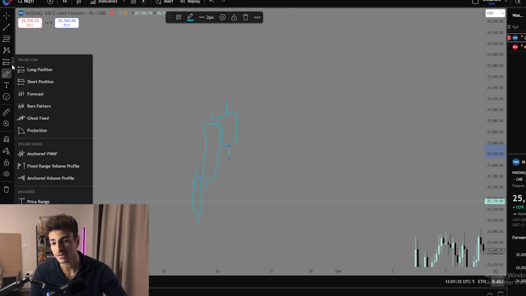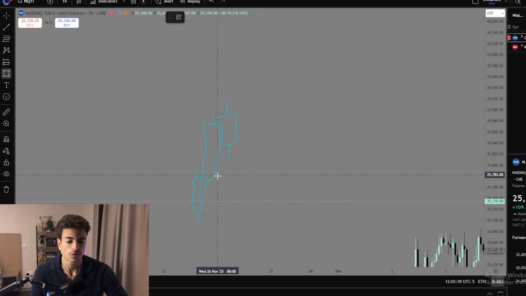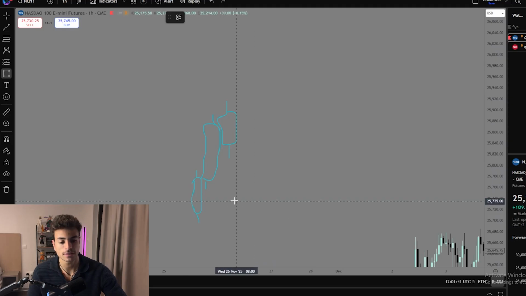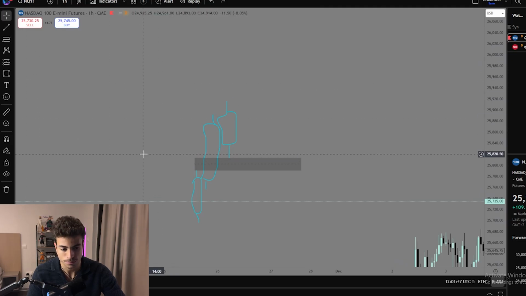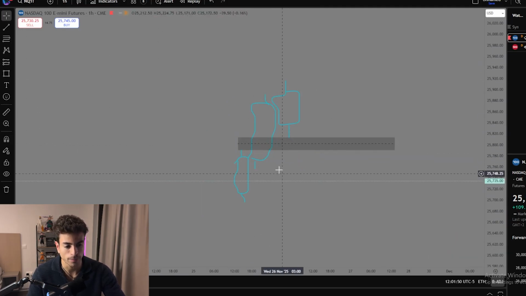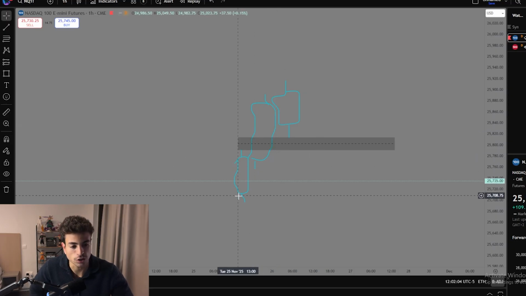A fair value gap is the imbalance or the gap that you find in that middle candle. So it's right here, that gap between the wick of the first candle and the wick of the third candle. In that case, that is a bullish fair value gap.